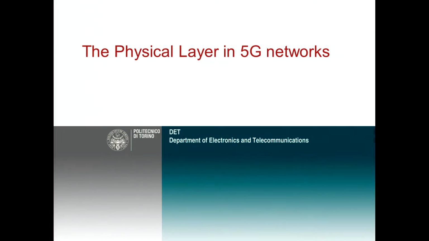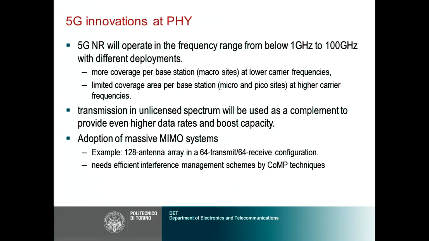Okay, I just got a couple of slides here to conclude what we know of what the 5G physical layer will be, beside what I've told you so far. What I've told you so far applies to 5G as well. So 5G as well is LTE Advanced. There will be the same densification.